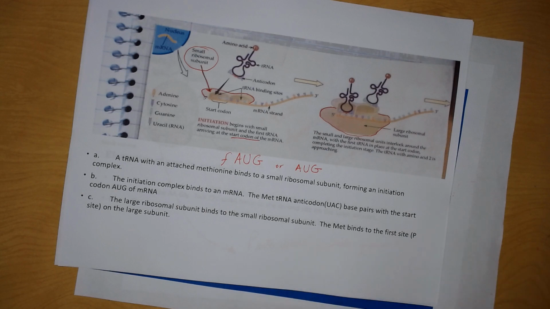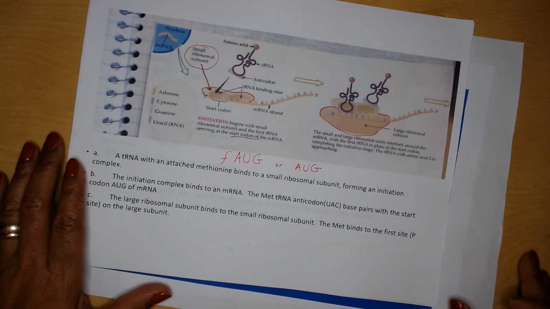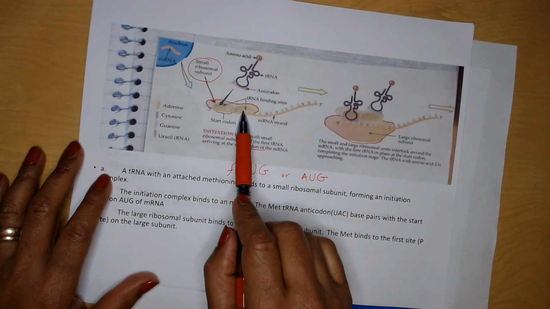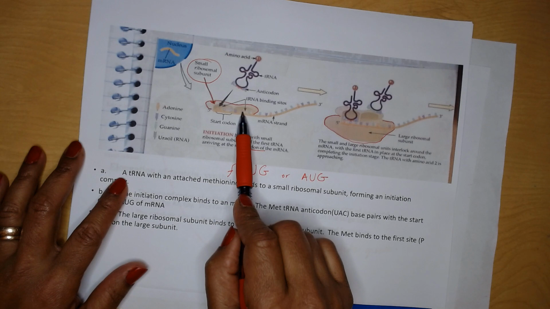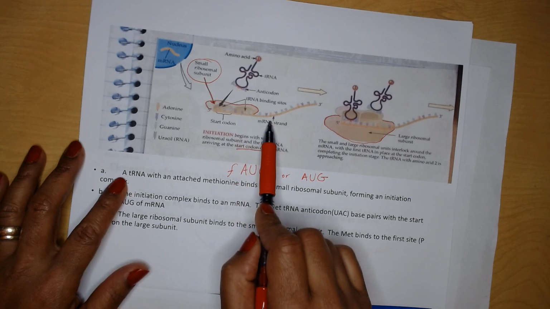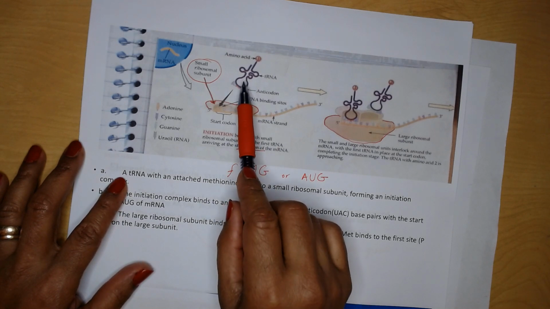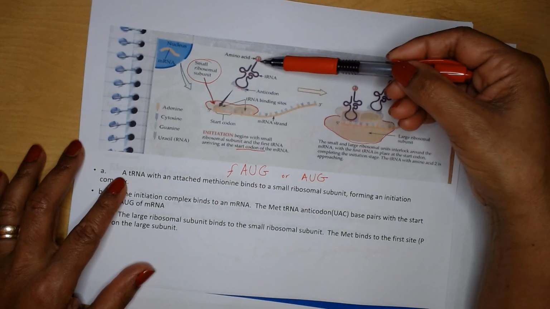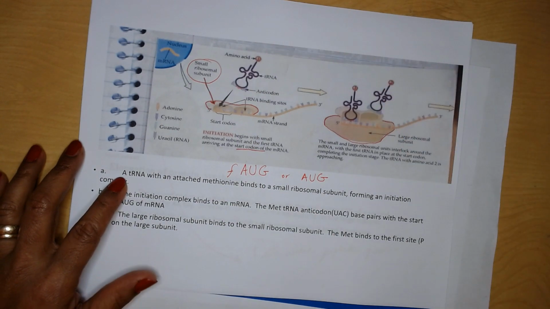For the steps of translation, we will say that the initiation process is going to begin when the small subunit of the ribosome is going to combine with the messenger RNA, and it's going to bring one charged tRNA. If it's a charged tRNA, it means that it has already one amino acid attached.